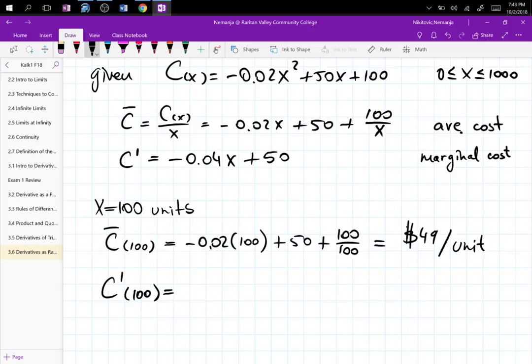That's what I'm looking for now. Just exactly one marker. And that's going to be plugging in the derivative. Negative 4 plus 50. 46 per unit. In my business analysis, that's good. Right? 49 on average. The 100th one is cheaper.